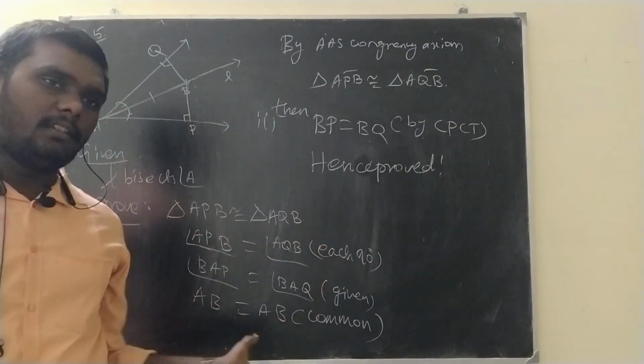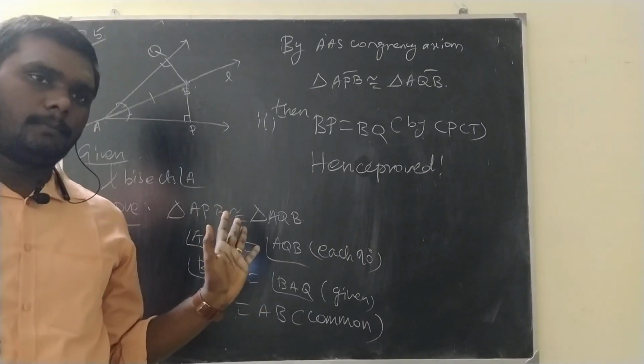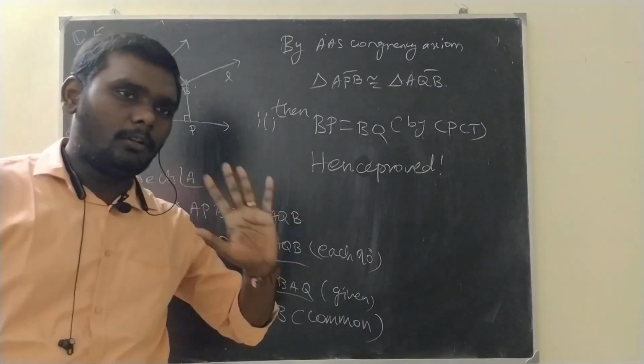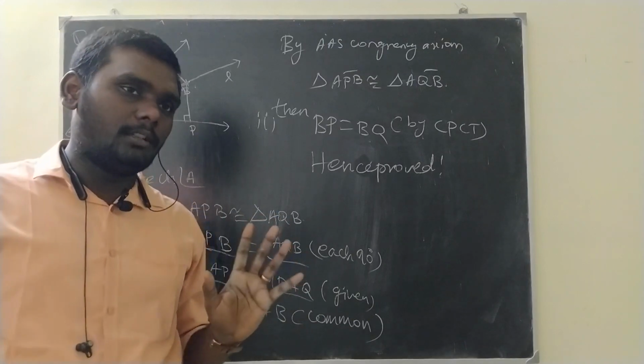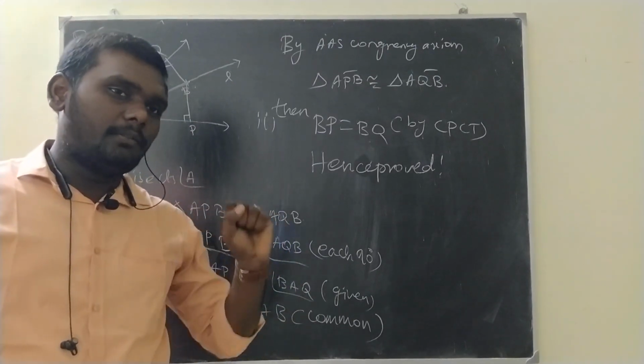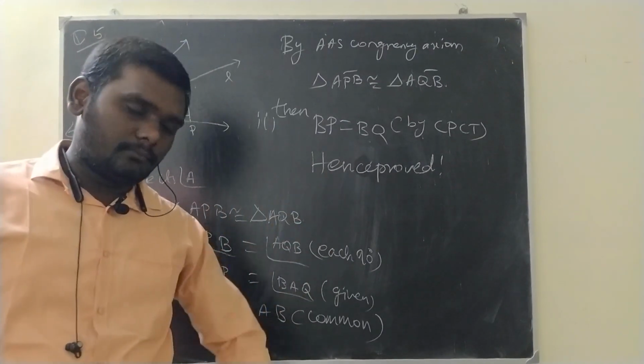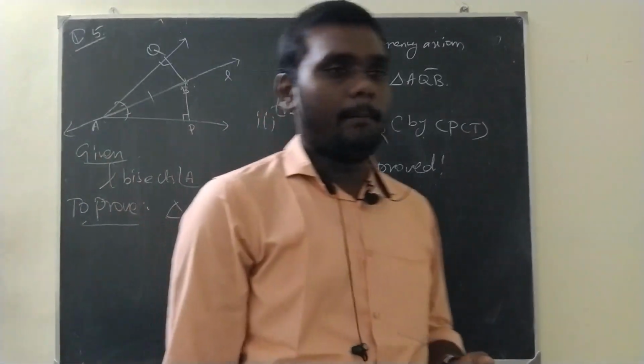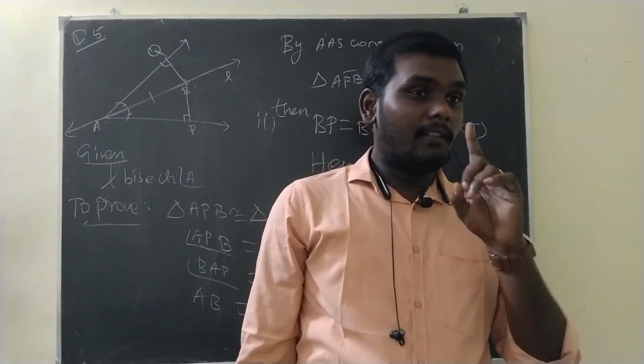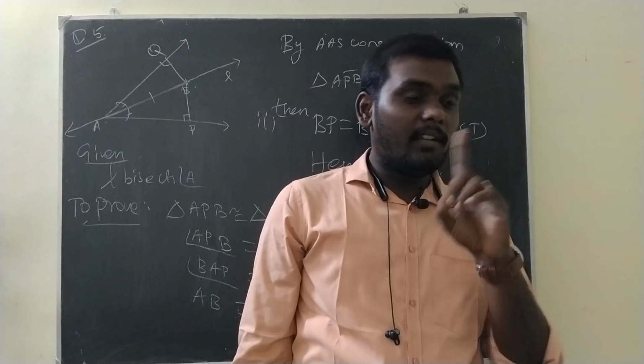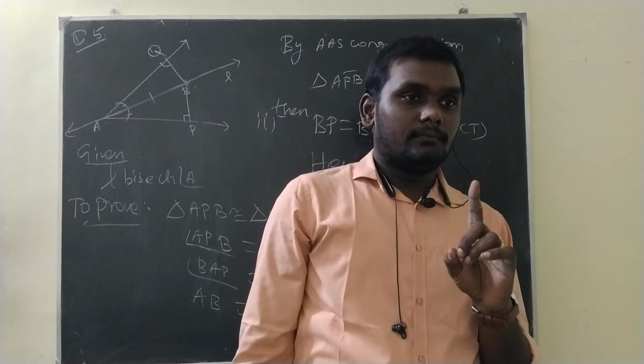Any doubts or clarifications on this? So far we have solved 5 questions of this exercise 7.1. In all the aspects we have to say the congruency. The very first step for congruency is identifying the different triangles.